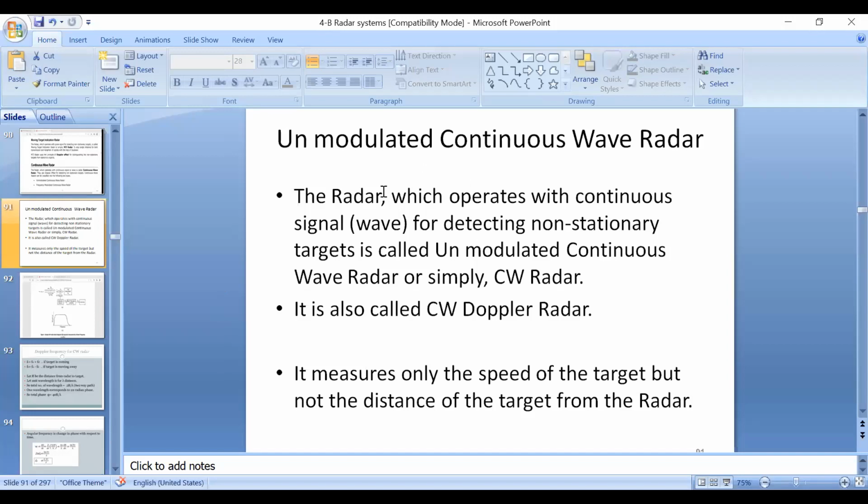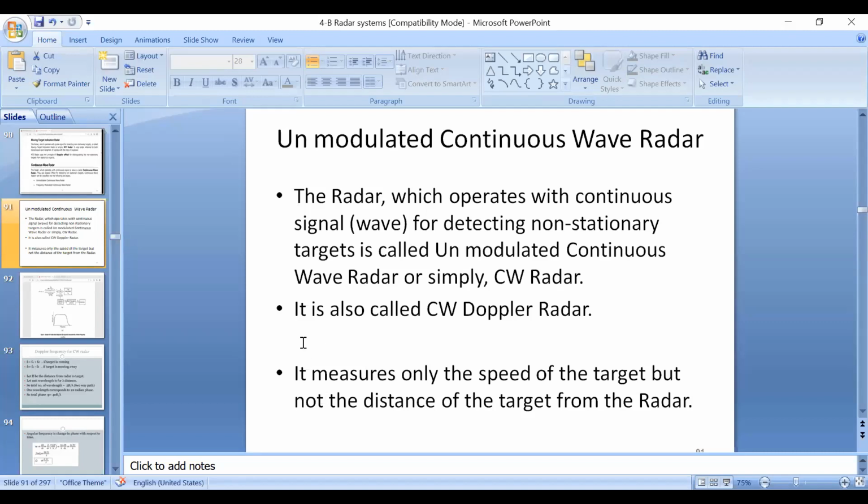In your exam they may ask about unmodulated continuous wave radar, or simply a CW radar, or they may ask about CW Doppler radar. All are the same. It uses the Doppler effect, that's why it is called CW Doppler radar. There is no modulation technique used, that's why it is called an unmodulated continuous wave radar. Simply you may call this a continuous wave radar.